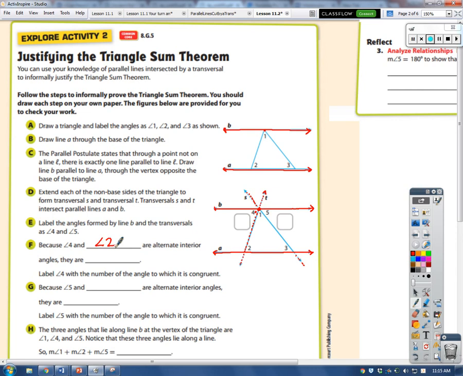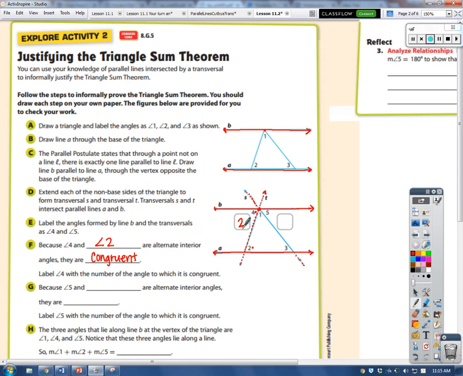Because they are alternate interior angles, they are congruent. This is just reinforcing some of those vocabulary terms that we were talking about earlier in this module. So here's our transversal, here's our parallel lines. These are our alternate interior angles. Now we label angle 4 with the number of the angle to which it is congruent, so that would be angle 2. Angle 4 and angle 2 are congruent.